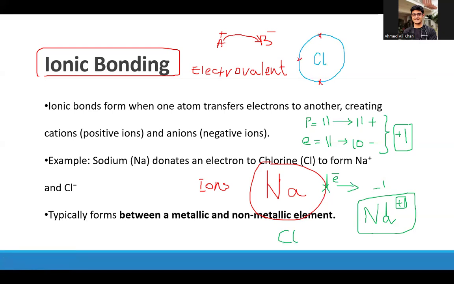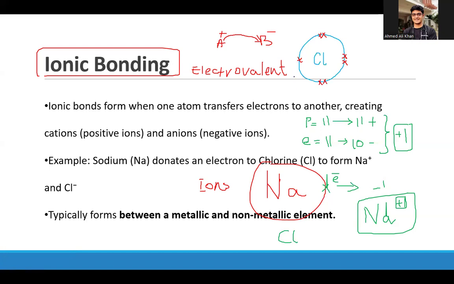Now if I draw 7 electrons here, Maham, tell me, is it easier for chlorine to lose these 7 electrons or just gain one? Gain one, right? Exactly. Very good. So it's easier for chlorine to just fill this empty spot, instead of losing all 7 electrons to gain stability.